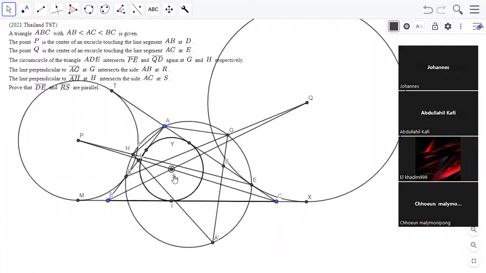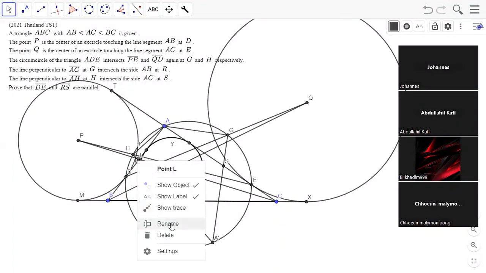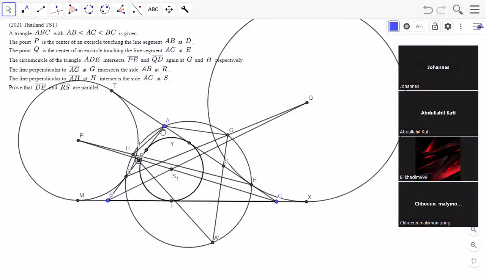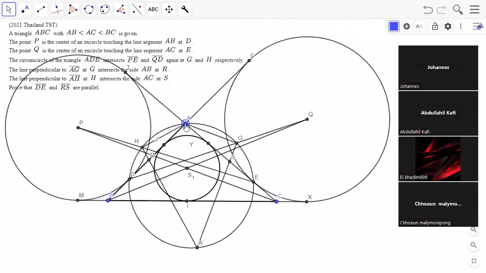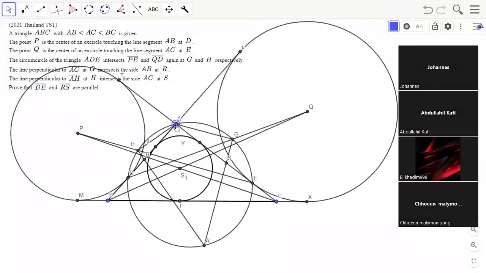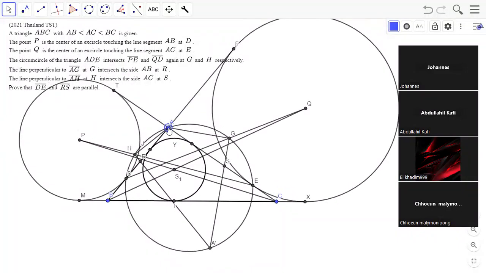Okay, so you want to show DE and RS are parallel. Oh, but this, gotta make it R. It's a very random statement. So maybe I could try showing AR over AS is AD over AE, because we know AD and AE kind of pretty well.